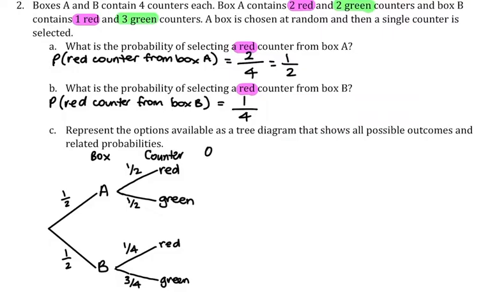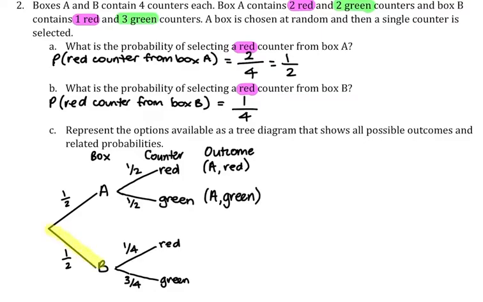We then have our outcome that we need to write down for our tree diagram. So our outcome in our first one is we could go box A red. So we're going to write in brackets A and then red. Then our second outcome is A green. So we write A green.